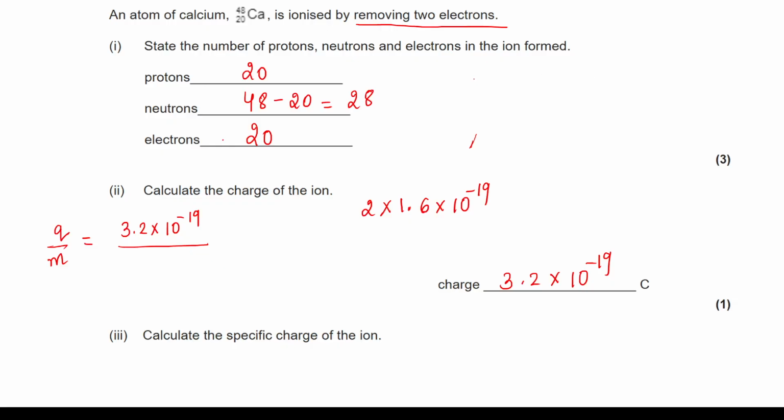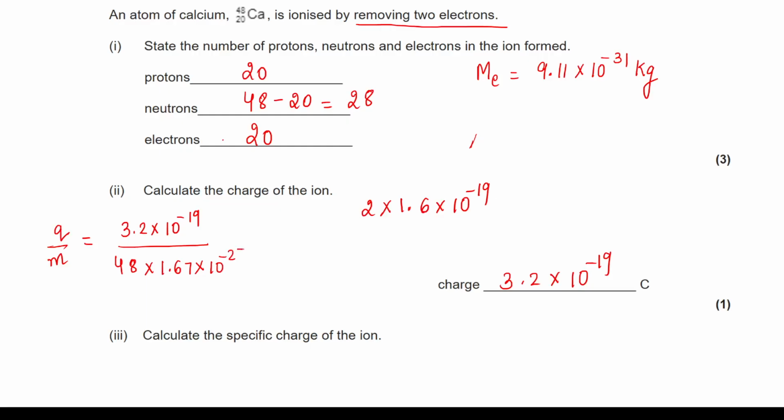Okay, just telling you here again, your equation sheet has mass of electron as 9.11 times 10 to the power minus 31 kilograms. So 48 nucleons, that is both protons and neutrons, up to 2 decimal places have the same mass.